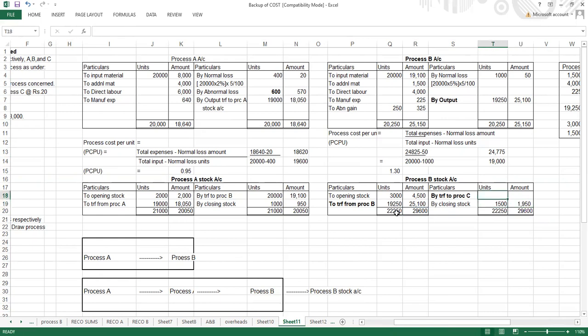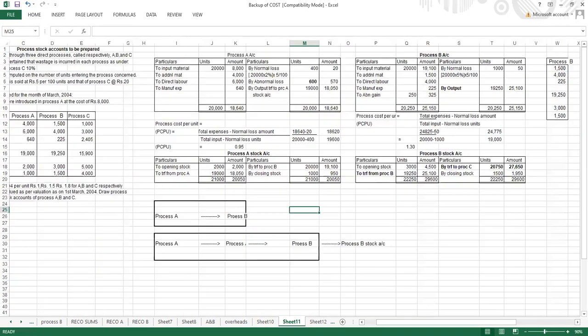I'll take output transfer to process C as balancing value. So equal to 50 minus 1,500, 29,600 minus 1,950 is 18. That's it. Students, I hope this is clear.